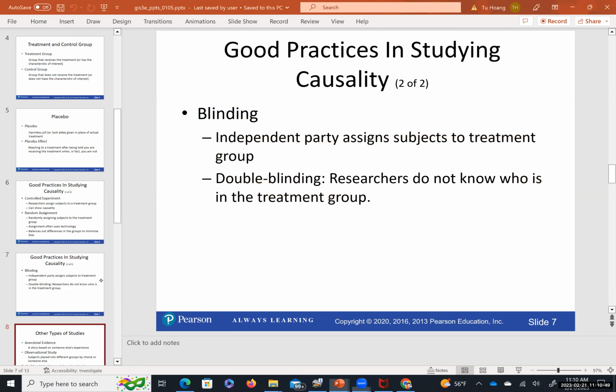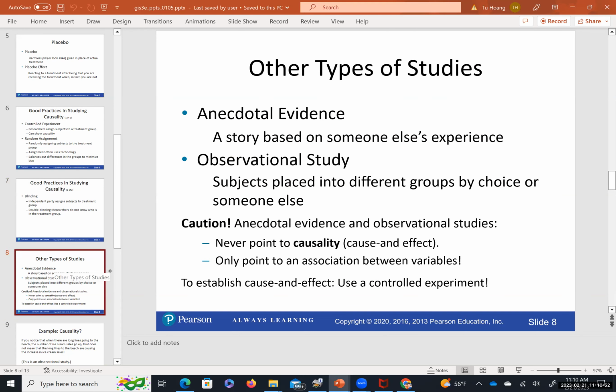So now I'm going to talk about other types of studies, such as anecdotal evidence. Anecdotal evidence is a story based on someone else's experience, and it's not really common.